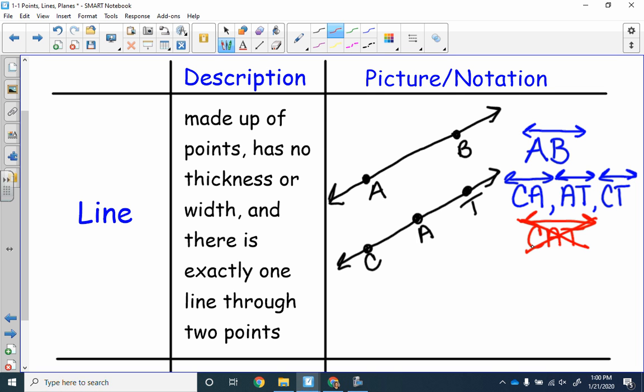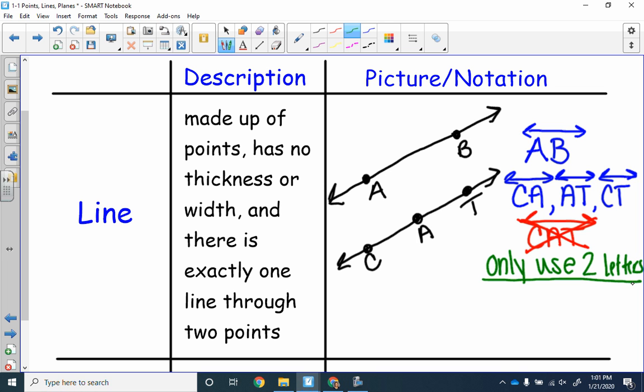When we start measuring, we don't measure lines, but we measure segments. And when we are measuring segments, those have an actual length to them. When you see 3 letters, that could be mistaken for not necessarily a segment, but for an angle or even a plane, and some of those things just cannot be measured. So only use 2 letters. In fact, I'm going to write that down here. Only use 2 letters.